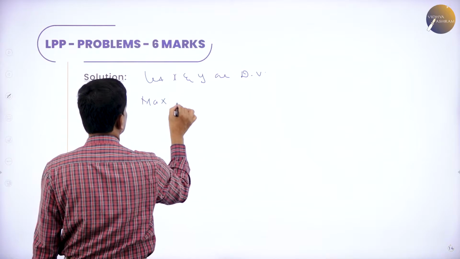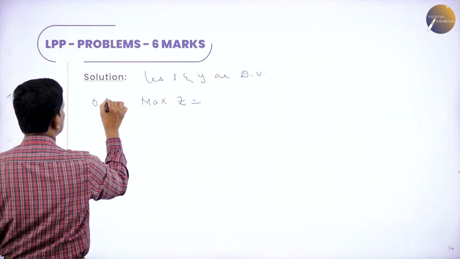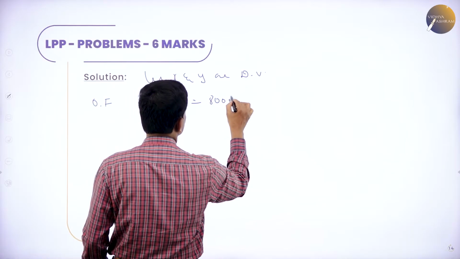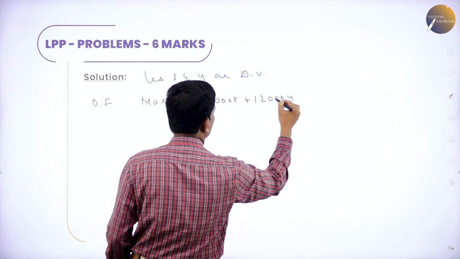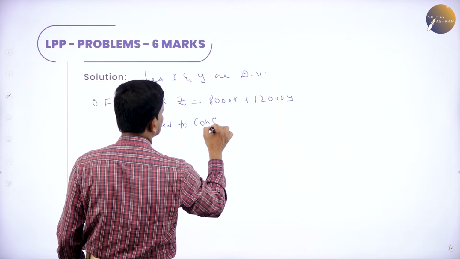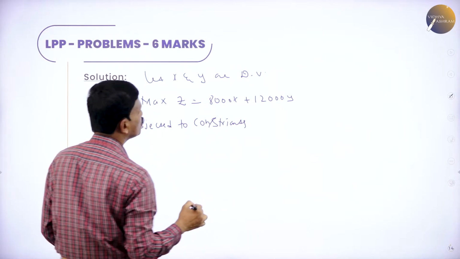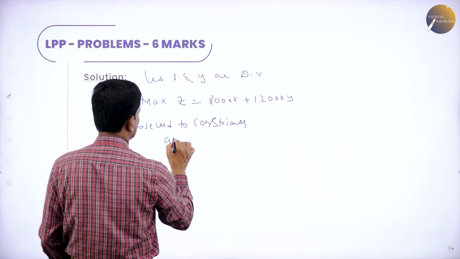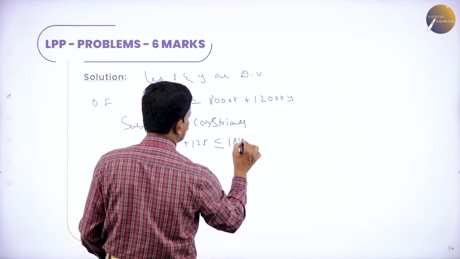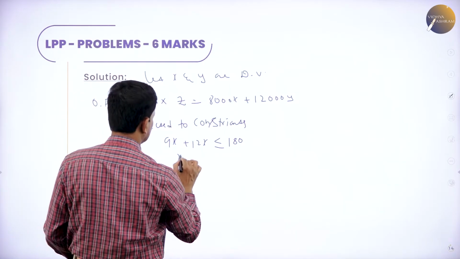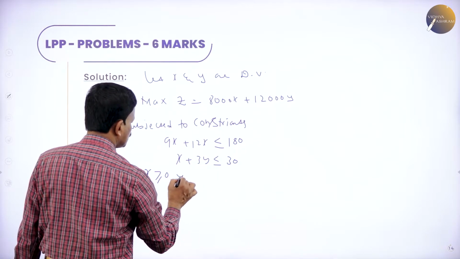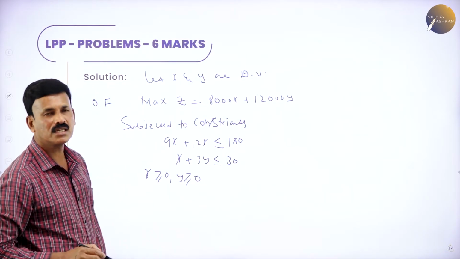Therefore the objective function is max Z is equal to 8,000 X plus 12,000 Y, subject to the constraints 9X plus 12Y is less than or equal to 180, and X plus 3Y is less than or equal to 30, and the non-negative restrictions X is greater than or equal to 0, Y is greater than or equal to 0.